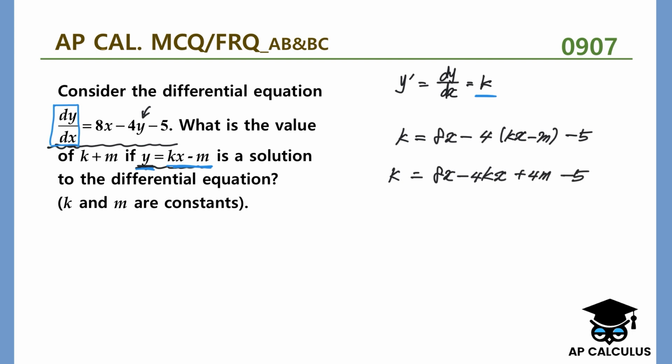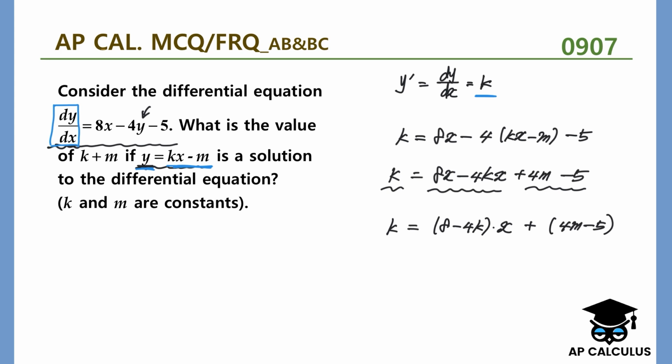Here we have 2 x terms and 2 constants, right? On the left hand side, we only have the constant k, right? So this equation can be written as k is equal to, if we factor x, 8 minus 4k times x plus 4m minus 5, right?